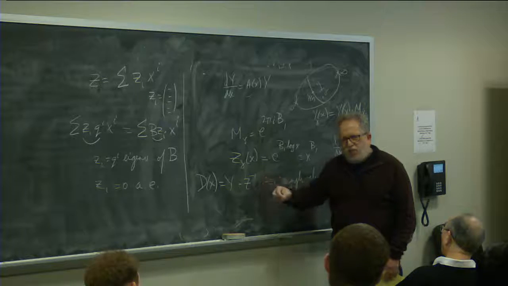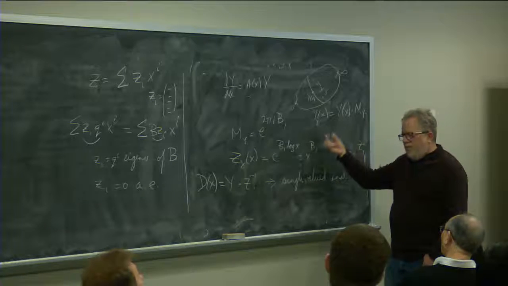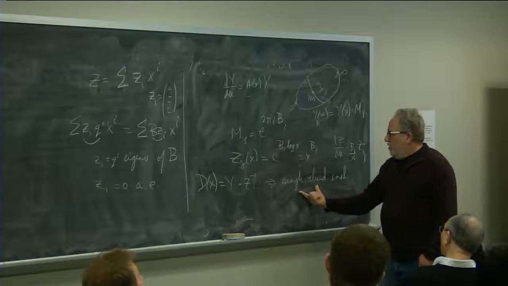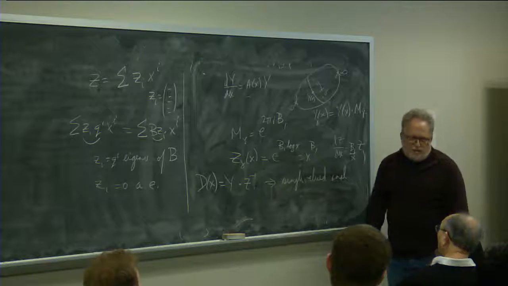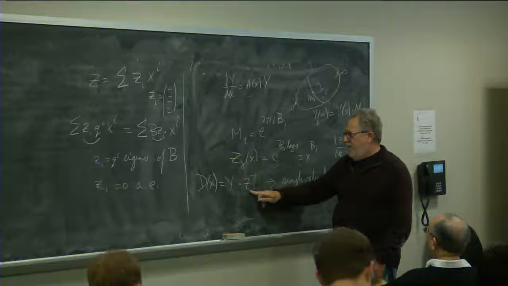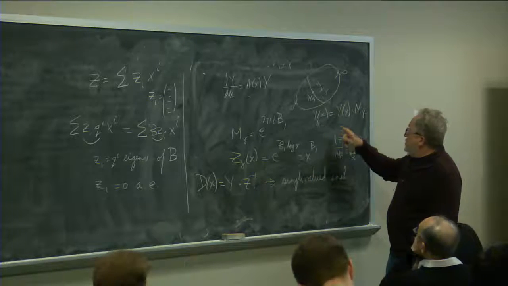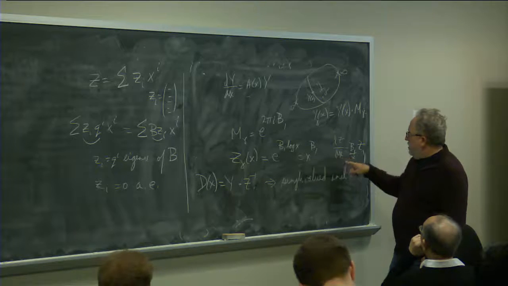It can be continued to 0 to be meromorphic at 0, meromorphic at infinity. We have a single-valued meromorphic function on the sphere, so it's rational. So this gives you my change of basis, and the equivalence between this equation and this equation.